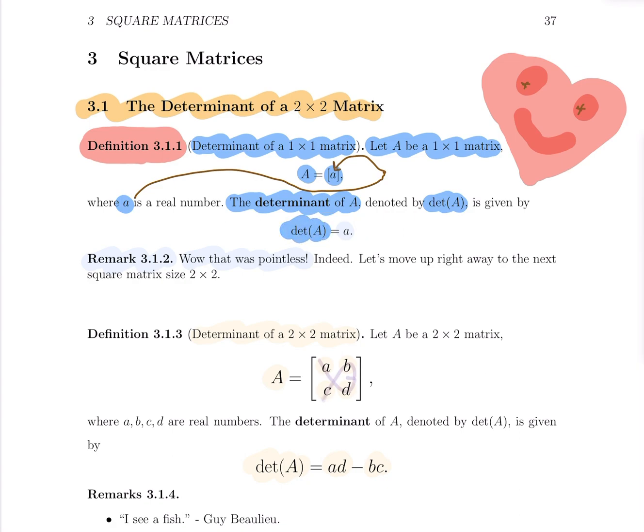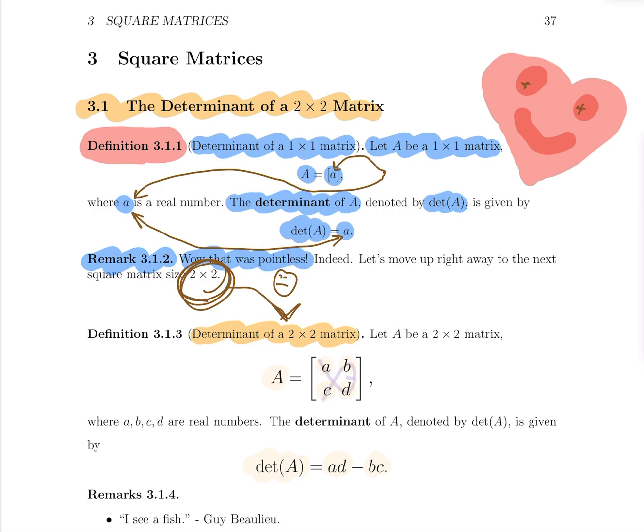So the determinant of A is simply going to extract that coefficient and spit back that entry. So capital A is small a. So it's extracting the entry. And very interesting remark here, all of this is quite pointless. Okay, so the real definition, the real computation will be for a 2 by 2 determinant.